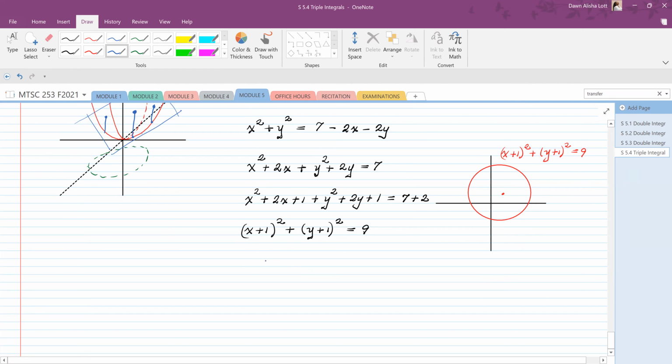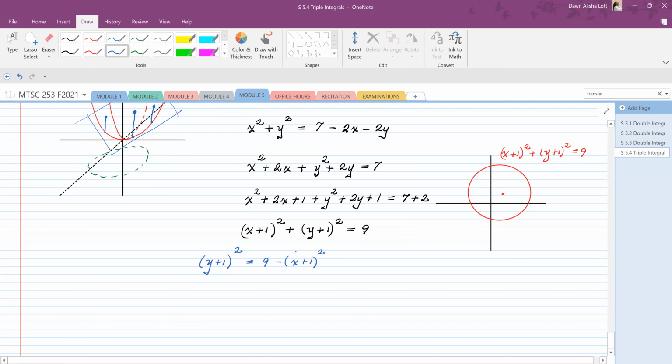So I'm going to get 9 minus (x plus 1) squared is (y plus 1) squared. Right? That look good to you? Wait, what did you just do? What happened to the y plus 1? That's right, y plus 1 squared.